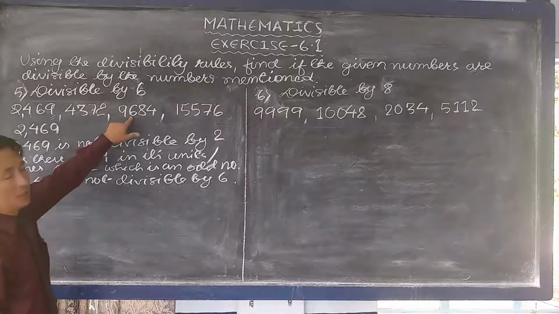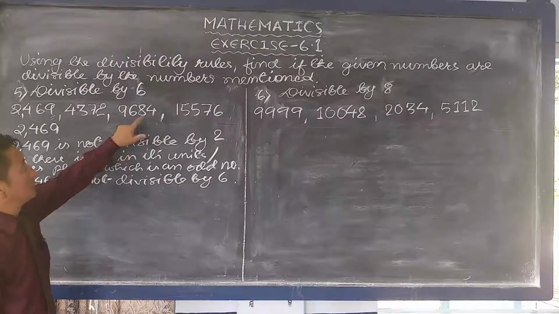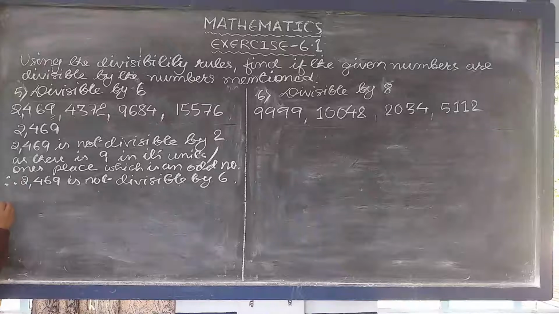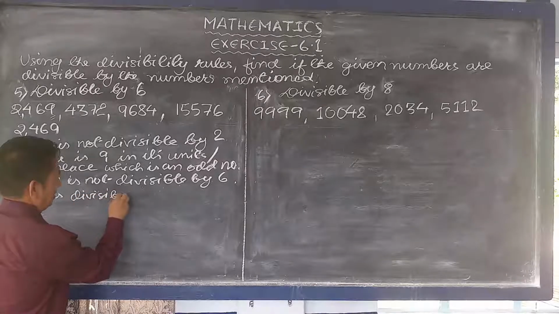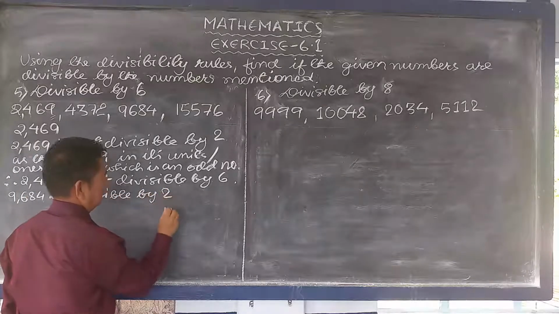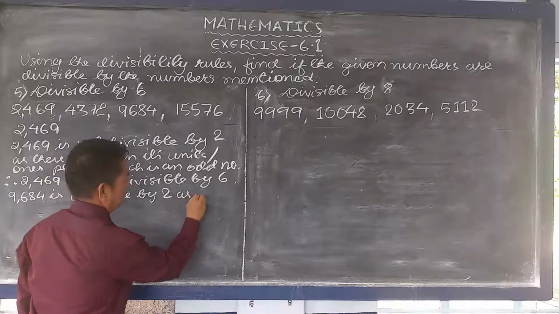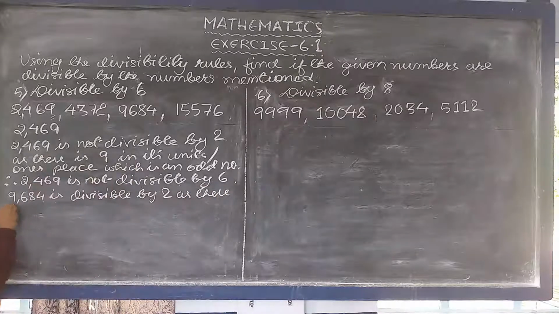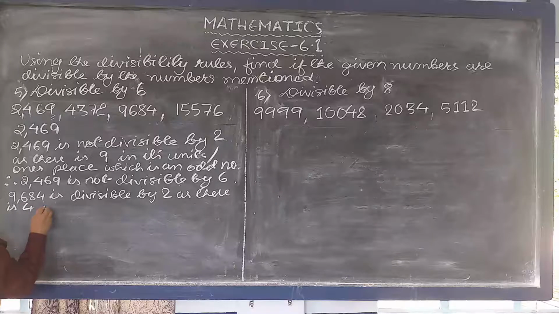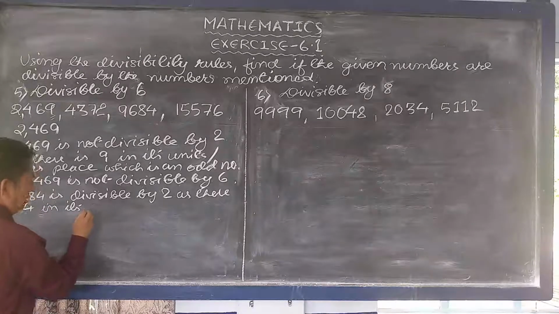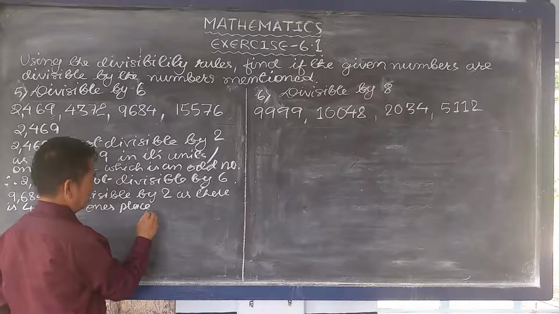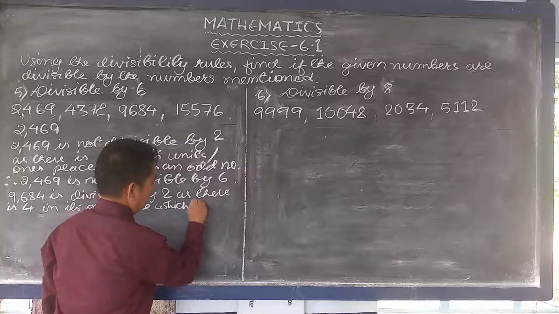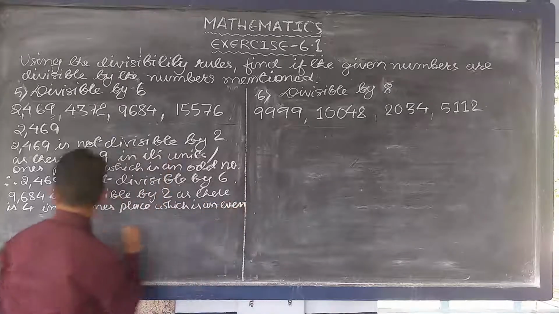Now next number I'll write here, 9684. See here, 9684 is divisible by 2 as there is 4 in its one's place, which is an even number.